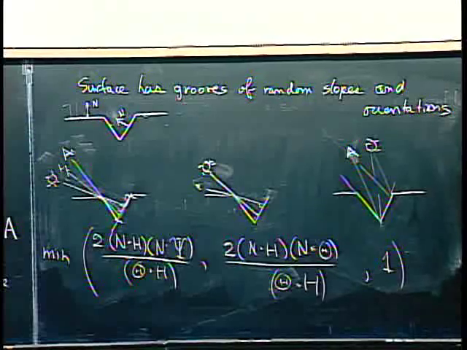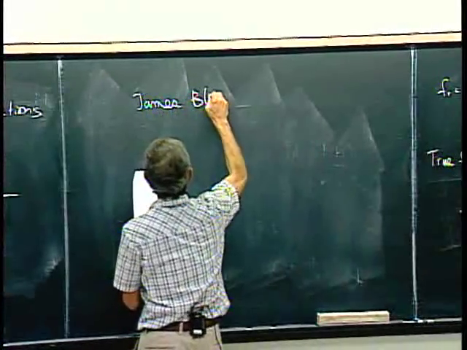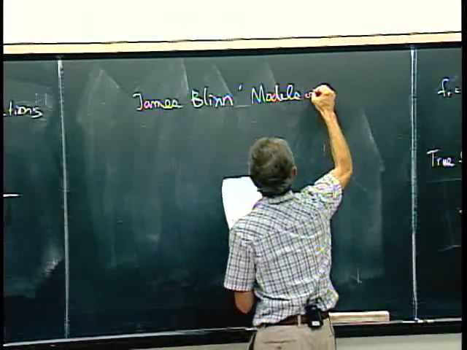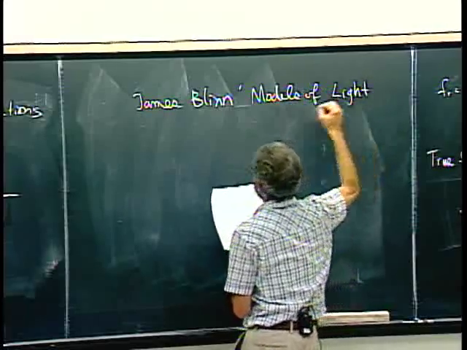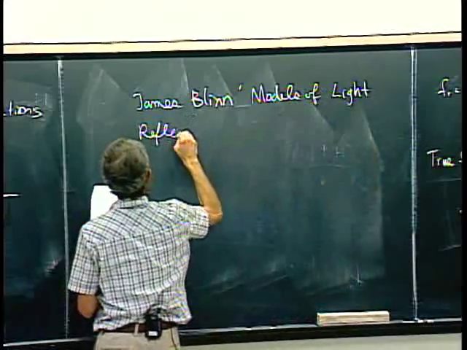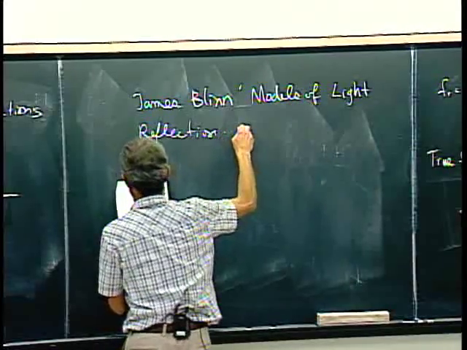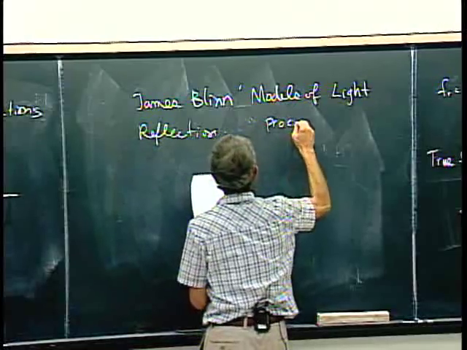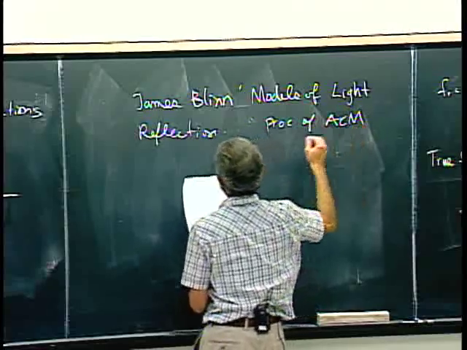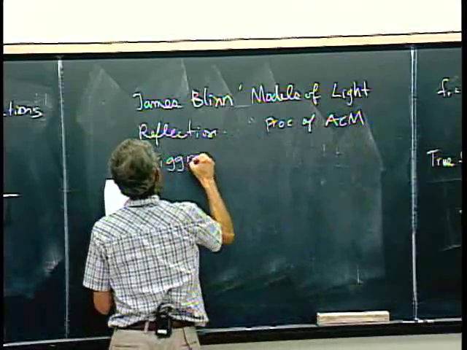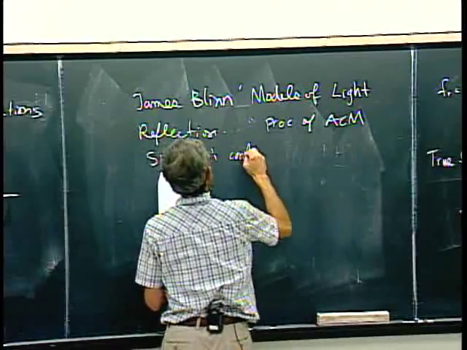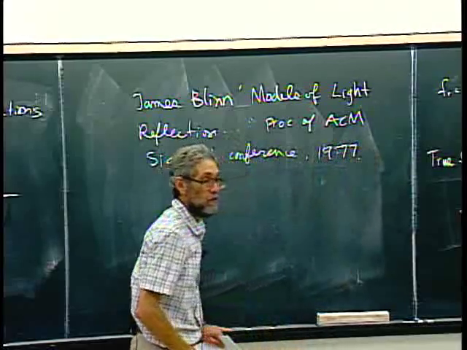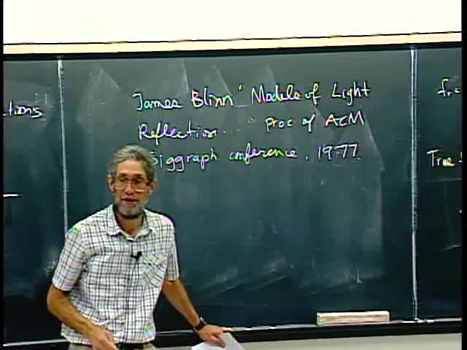James Blinn, "Models of Light Reflection for Computer Synthesized Pictures," in the proceedings of the ACM SIGGRAPH conference in 1977. He's got a good derivation. I think the original Torrance and Sparrow paper in the 60s also has a derivation.